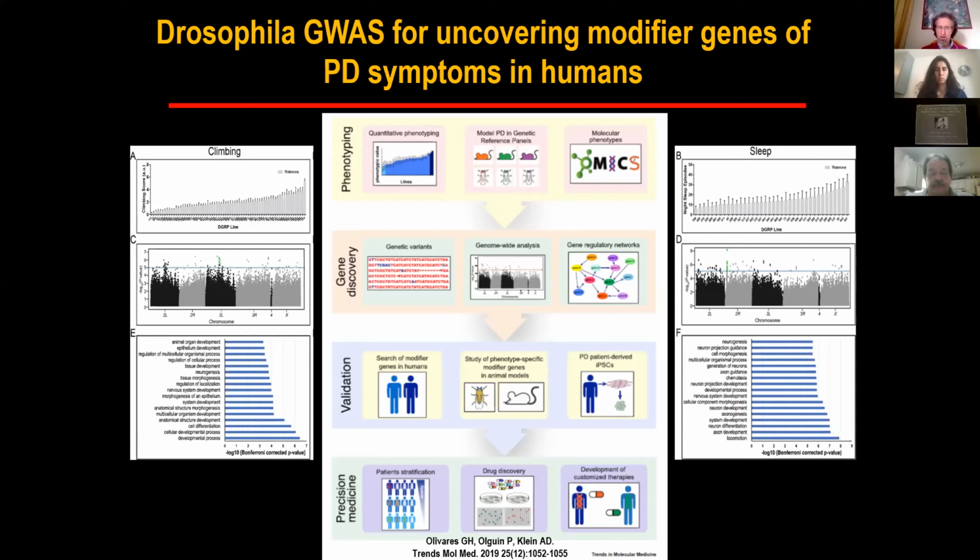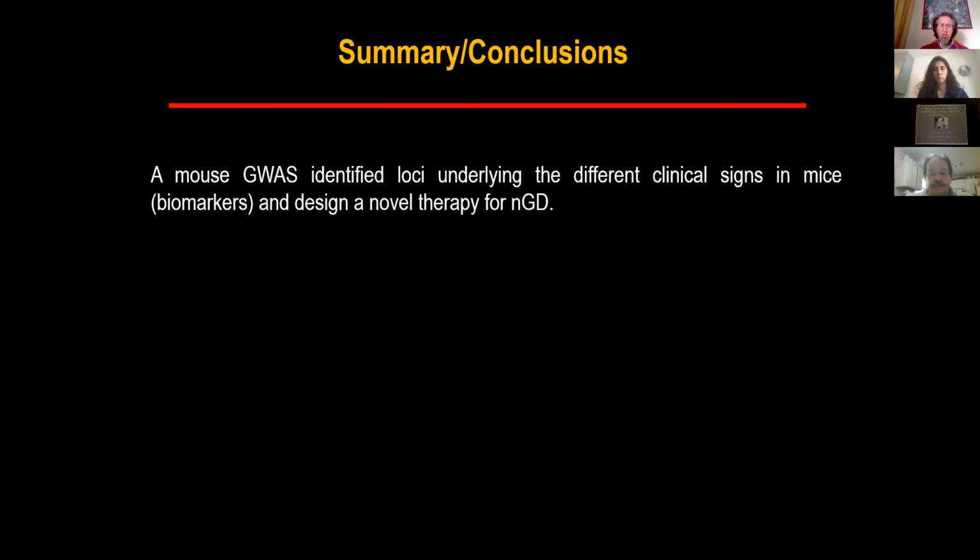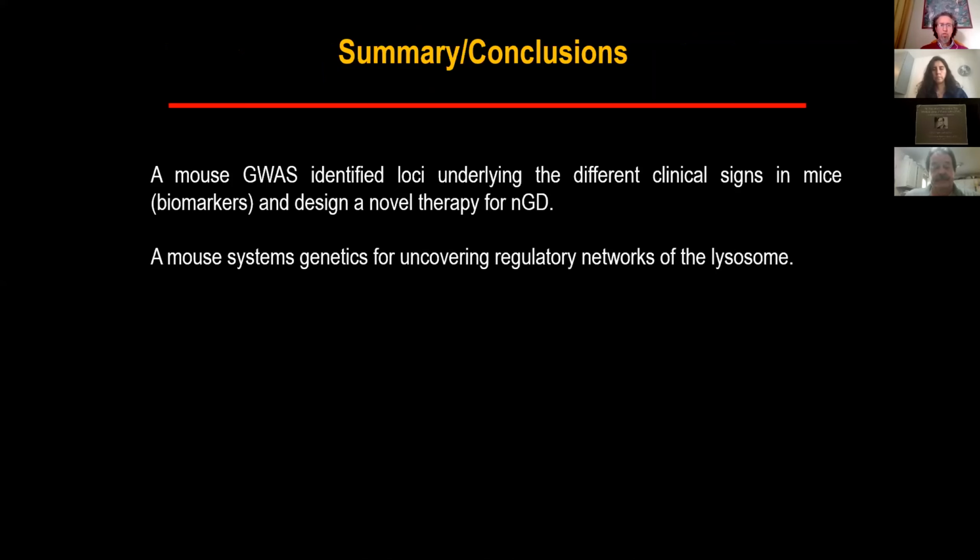So just to summarize, I told you today a bit about the mouse GWAS that identified loci underlying the different clinical signs in mice that may serve as biomarkers. And it also helps us to design novel therapy for neuropathic Gaucher disease. I showed a mouse systems genetics approach for uncovering regulatory networks of the lysosome.